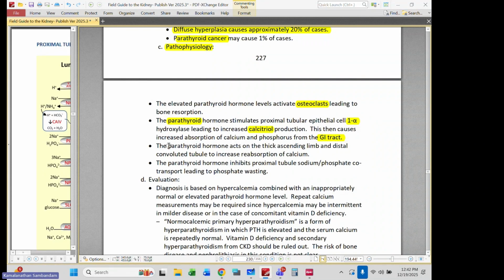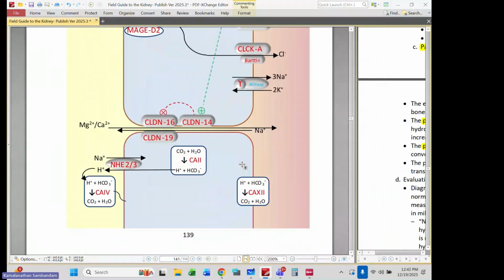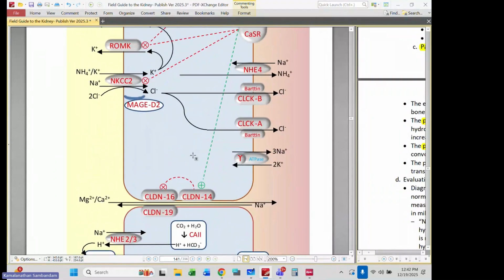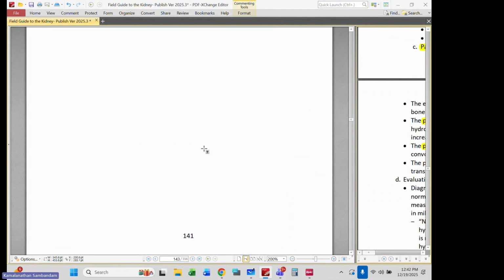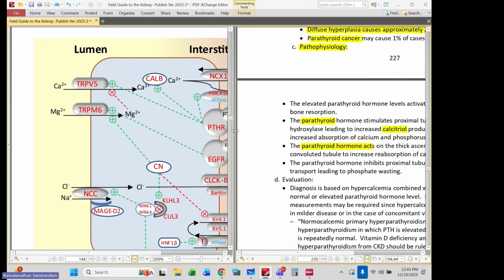Now, the parathyroid hormone also has its effect on tubular calcium handling. That's most well understood in the thick ascending limb. So we can see the PTH receptor there. I'm sorry, the DCT, we can see the PTH receptor there stimulating and regulating the TRPV5 channel. Okay, calcium sensing receptor, I was conflating the two.